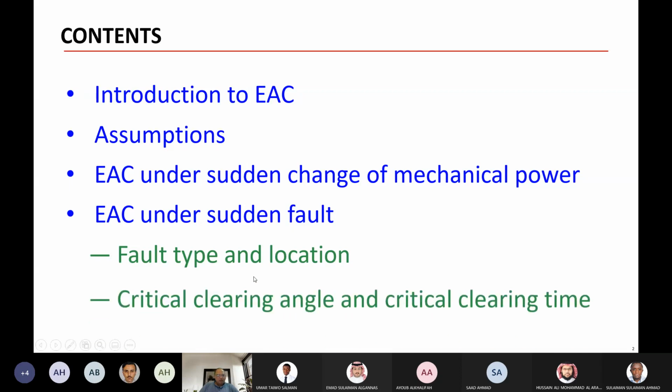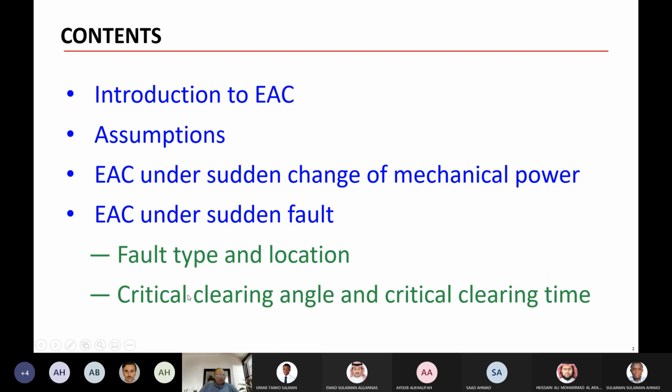We will see different fault types and locations, and also a very important piece of information, especially for the protection people, which is the critical clearing time. We will see how to calculate the critical clearing time based on the equal area criteria in some cases, but in other cases you have to go to numerical integration to get the critical clearing time or critical clearing angle.